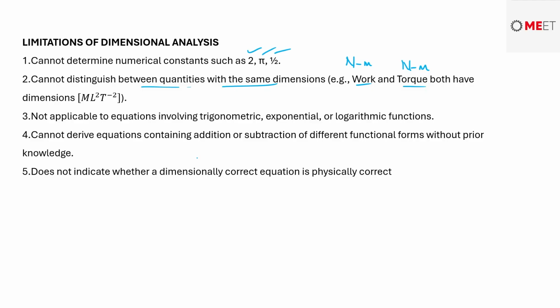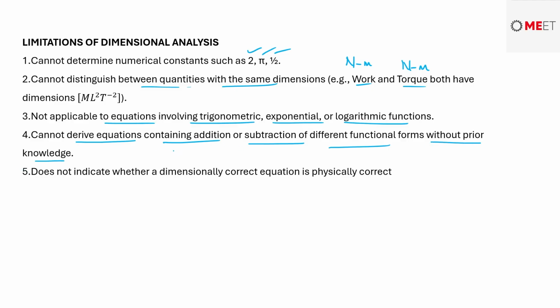Both can have the same dimensional formula, but both are different in effect. It is also not applicable for trigonometric ratios or exponential or logarithmic functions. Another limitation is that it cannot derive equations containing addition and subtraction of different functional forms without prior knowledge.